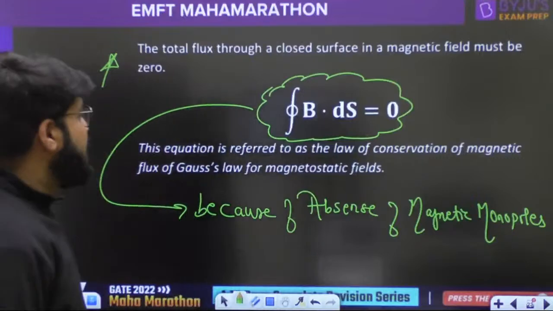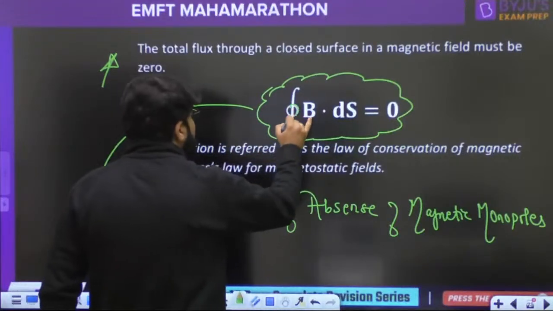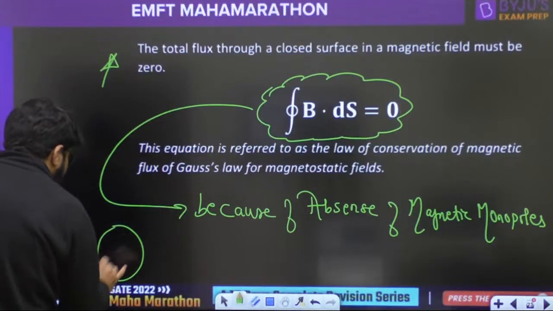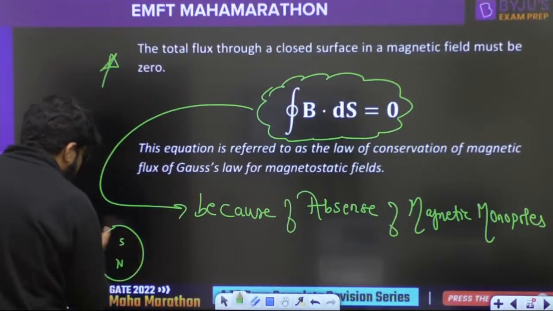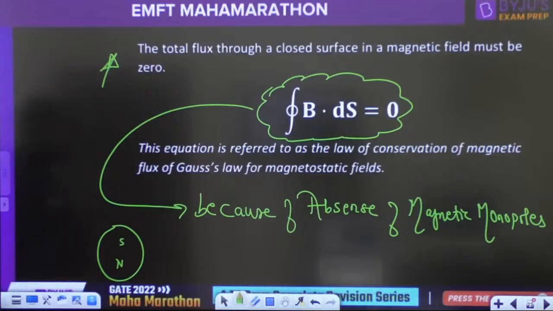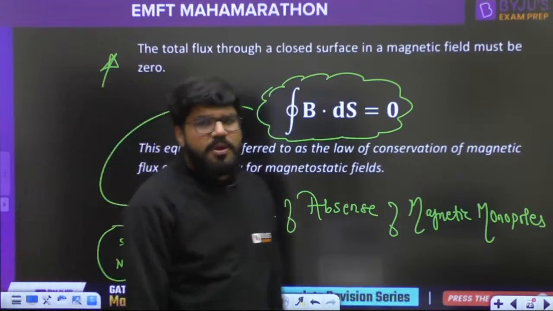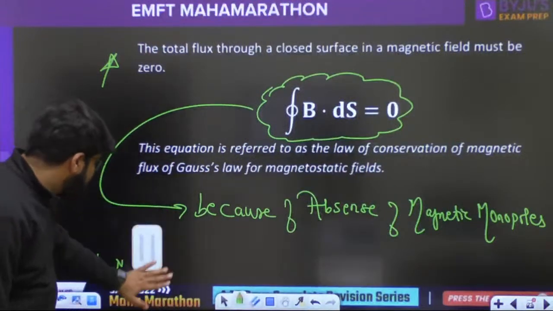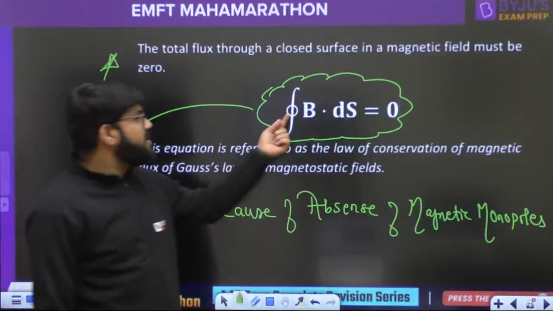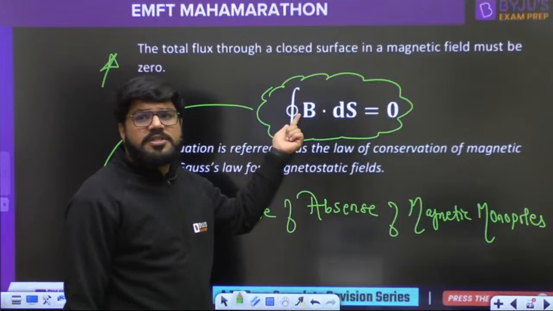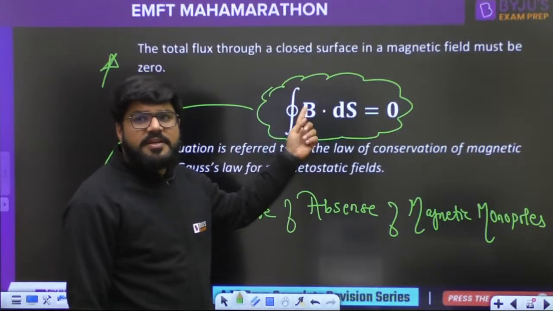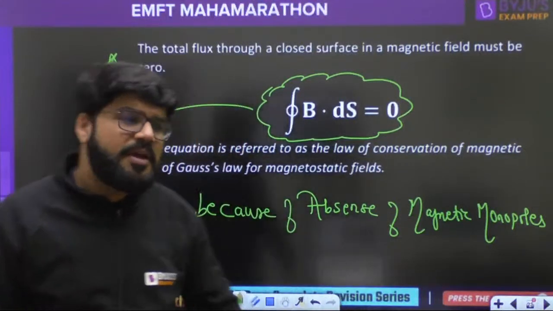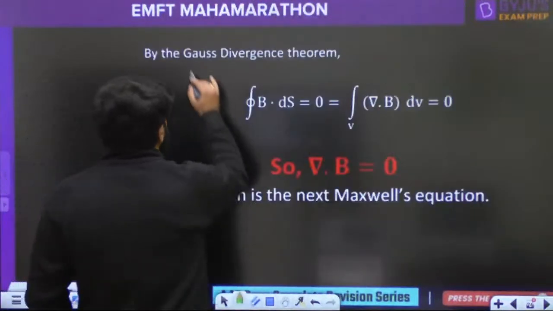So, integral B dot dS over any closed surface. The idea is the magnet will always contain a north pole and a south pole, and because of the two poles of opposite polarity, the surface integral turns out to be zero. We are not deriving it here, but you can take the direct result. Now, because it is a surface integral along a closed surface, it is always simplified by the Gauss divergence theorem.